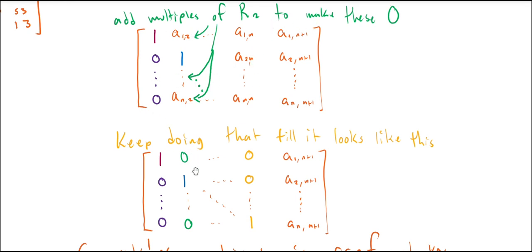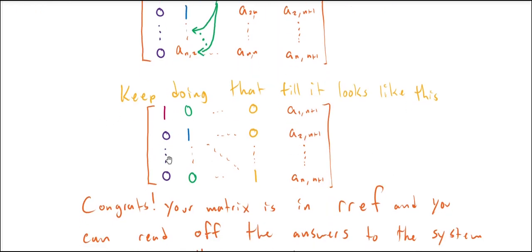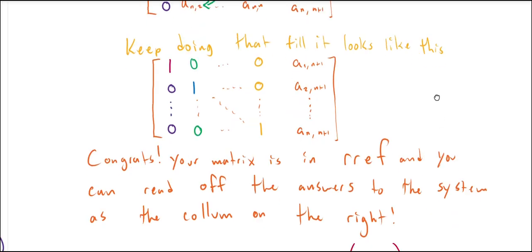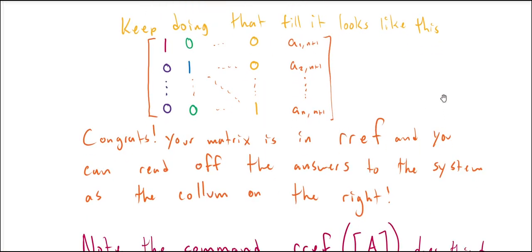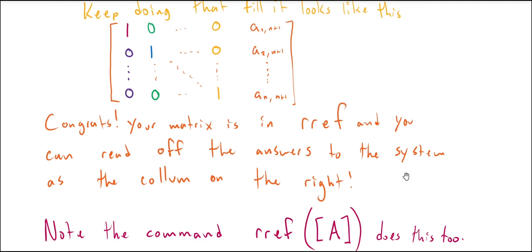And so on and so forth. We'll zero out everything else other than this one in this column. And we can just keep on doing that until we wind up with 1s down the diagonal and zeros everywhere else. This is what's called reduced row echelon form, or RREF for short.